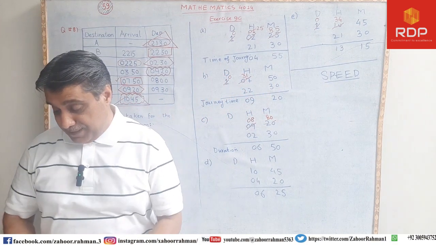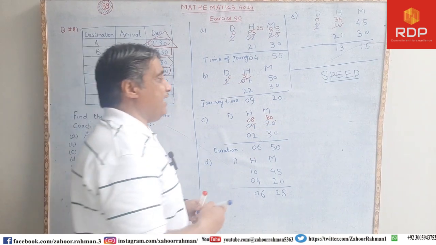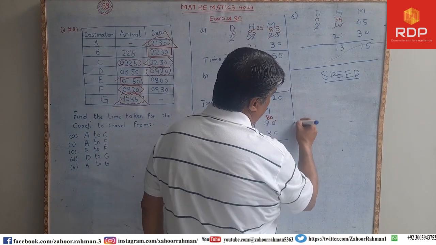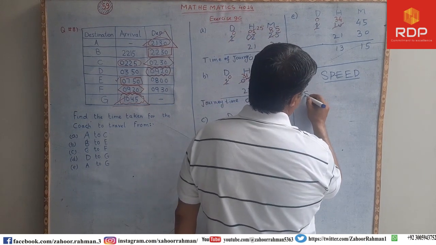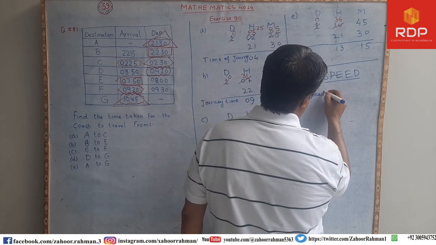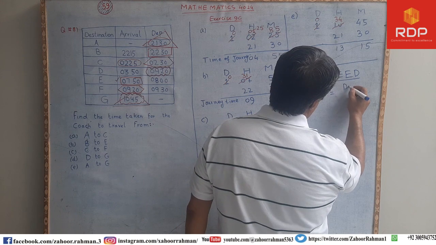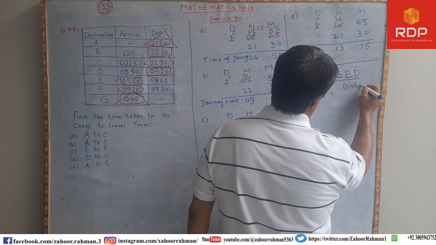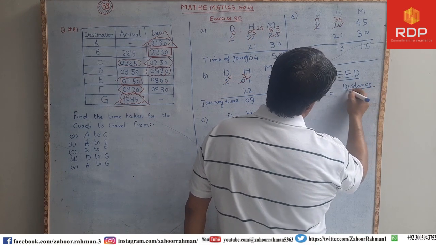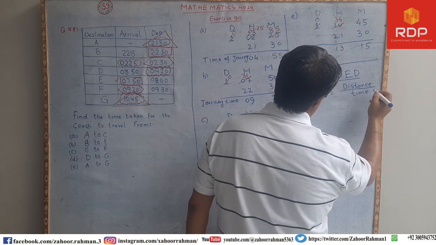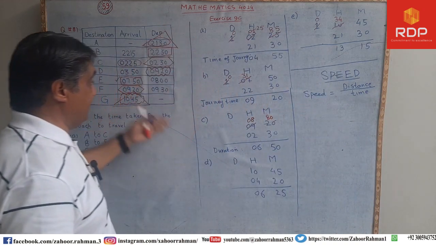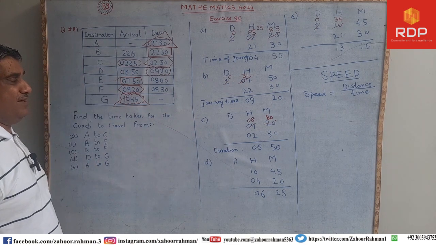What is speed? It is a scalar quantity, and speed is equal to distance covered by time, unit time. That time is very important.